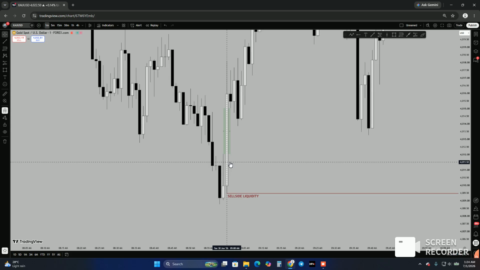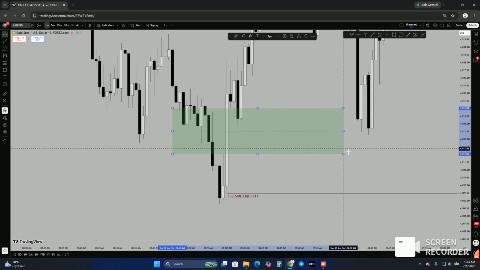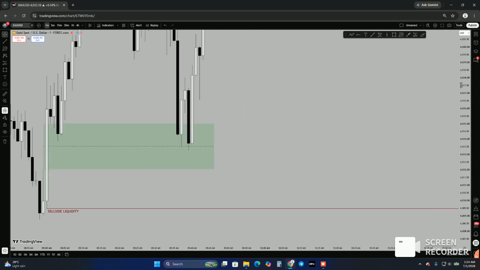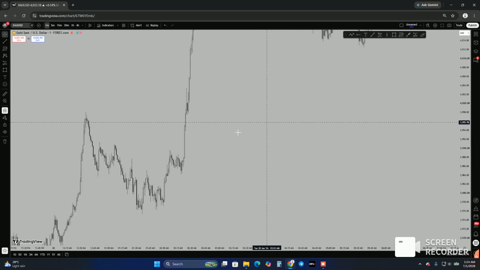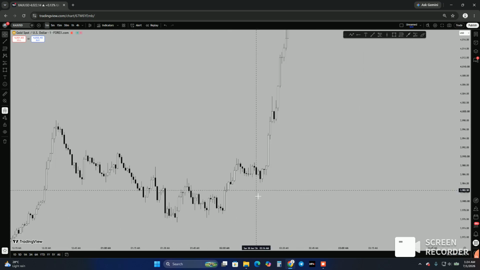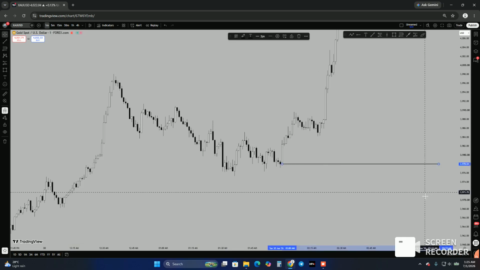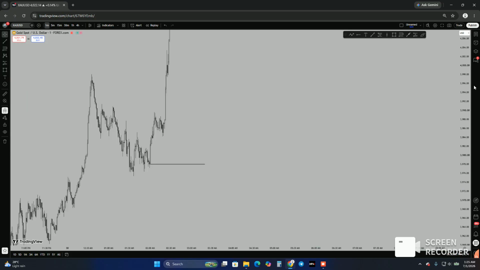So always remember, this is the 9 a.m. open. You can see this opening candle, and it made itself a gap, previous candle and the forward candle. You can see. So price should drop down to this area, 4009. And if I show you the 2 a.m. here, this one also right now is a sell side.